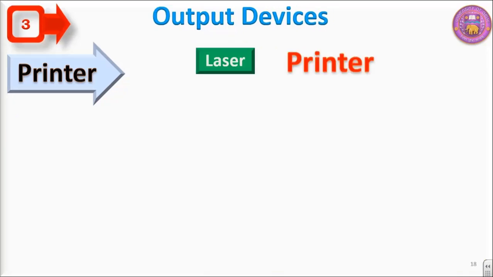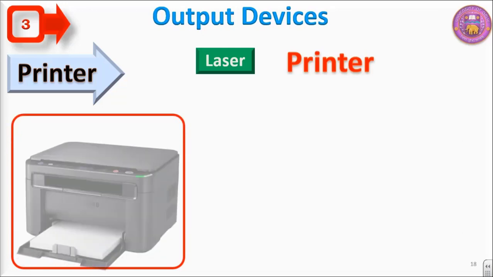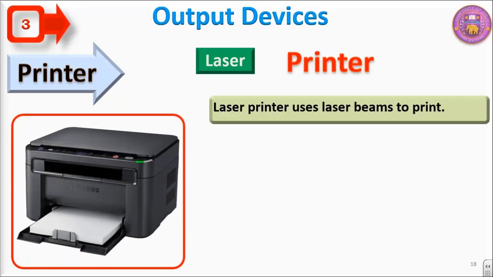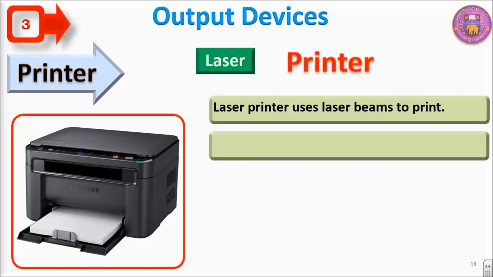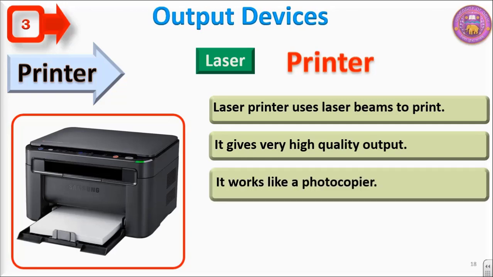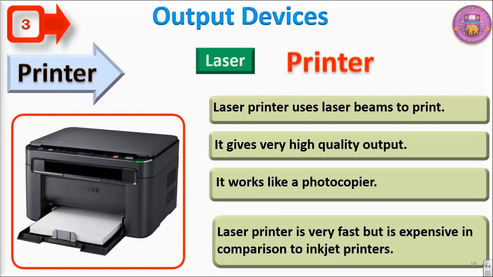Laser printer. Laser printer uses laser beams to print. It gives very high quality output. It works like a photocopier. Laser printer is very fast but is expensive in comparison to inkjet printers.